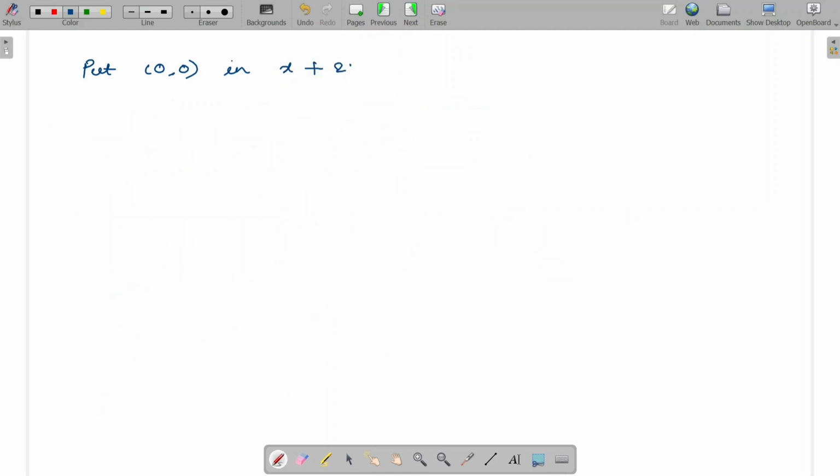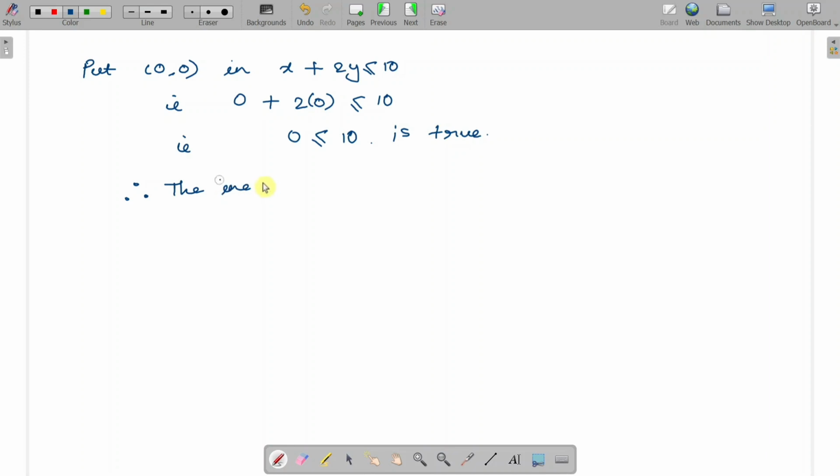We get 0 plus 2 times 0 less than or equal to 10, so 0 is less than or equal to 10, and this is true. Therefore the inequality is satisfied.